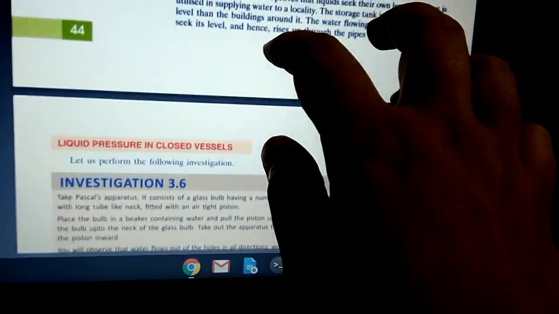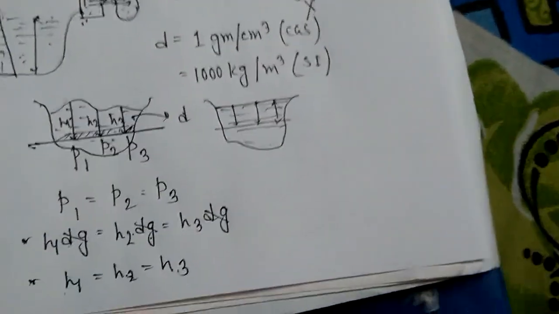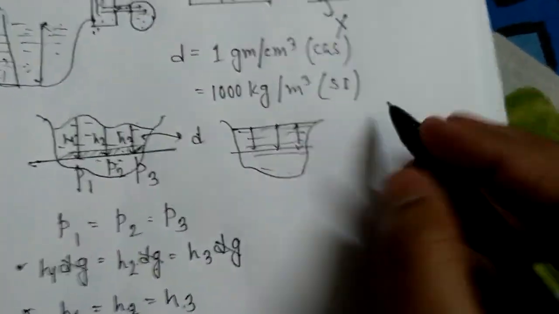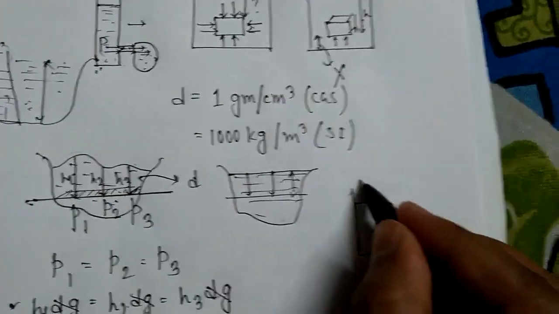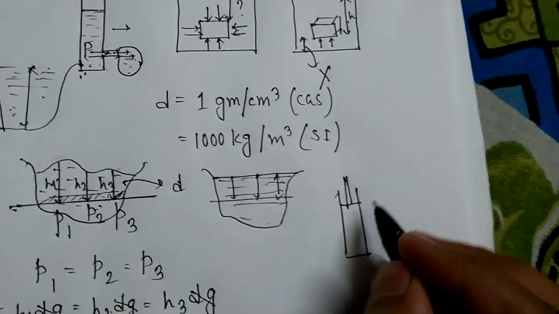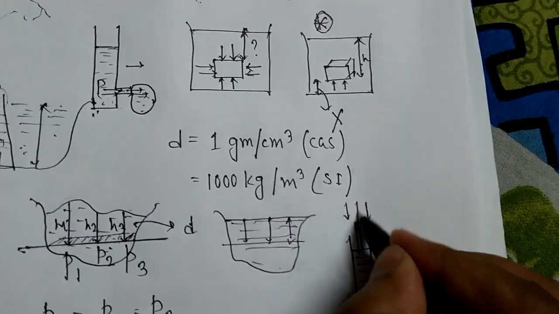Now you will find some extra experimental processes on another investigation that liquid has its pressure. It is something like this. Suppose a piston is here that is locked, and this is the liquid, and you are giving some pressure here, suppose a lot of pressure. What you will find?